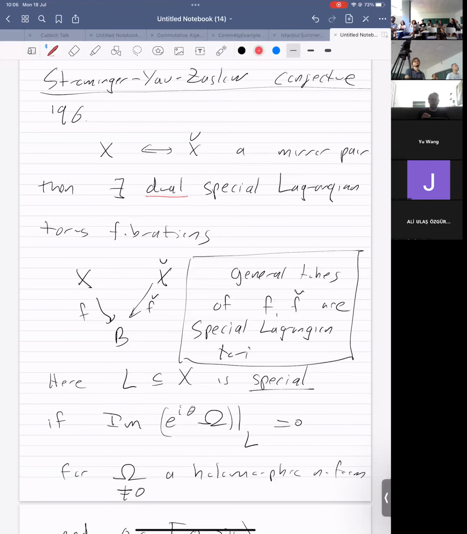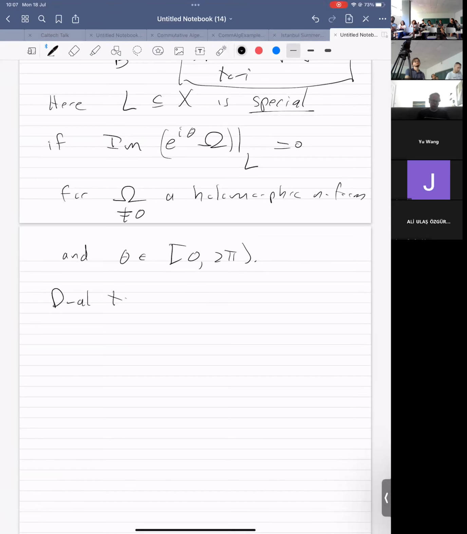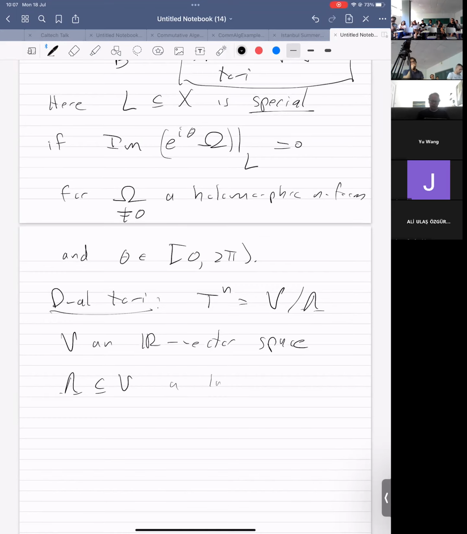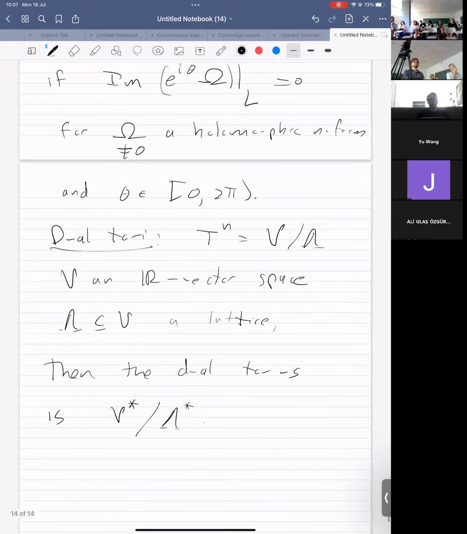So dual tori: if we have a vector space V modulo a lattice lambda, then the dual torus can be thought of as the dual vector space modulo the dual lattice. So there's a well-defined notion of dualizing a torus.